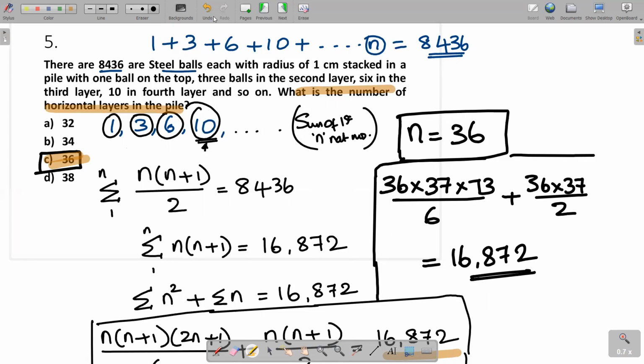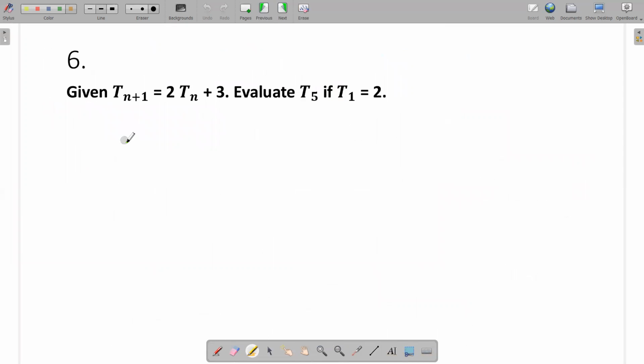All right. Now, let us get into the next question. In this question, it's given T(n+1) is equal to 2Tn plus 3. It is given that T1 is equal to 2. You are asked to find the value of T5.